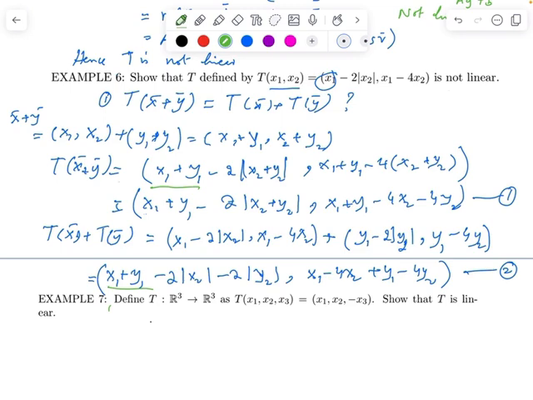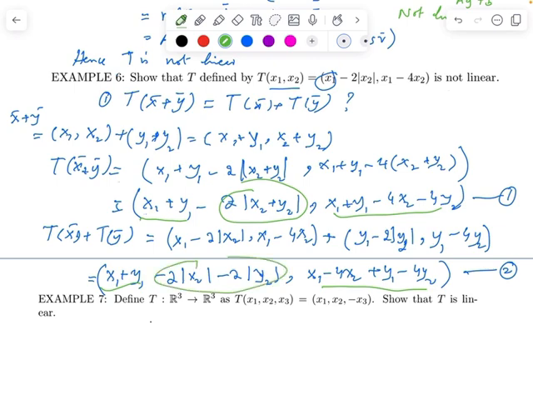If you look at the second part, in the next line, these are the same, but this quantity and this quantity are not the same.